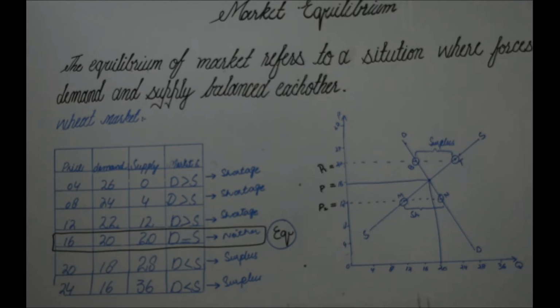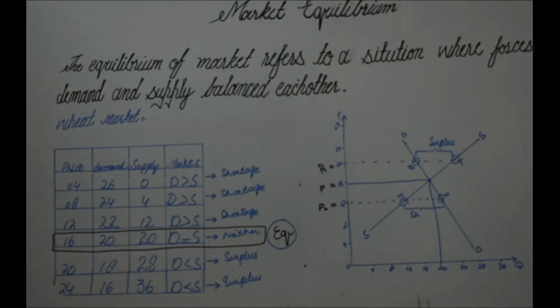So the market equilibrium is explained by this very simple graph, where demand and supply are indicated on the x-axis and price is on the y-axis. Fine. So the DD is our downward sloping market demand curve. We know about the relationship between demand and price.